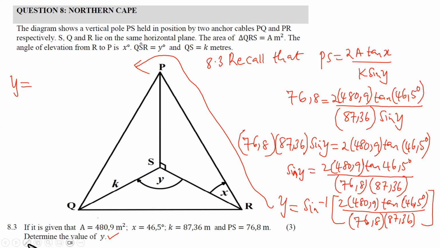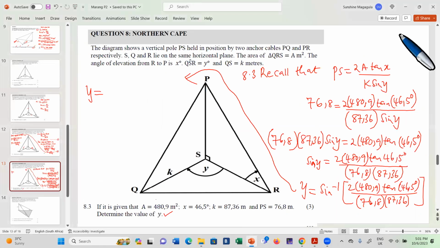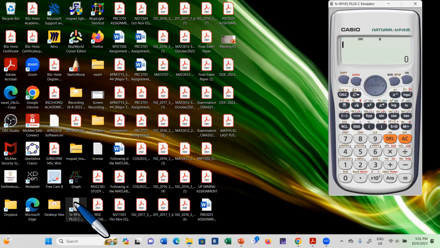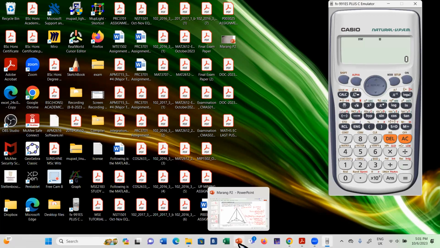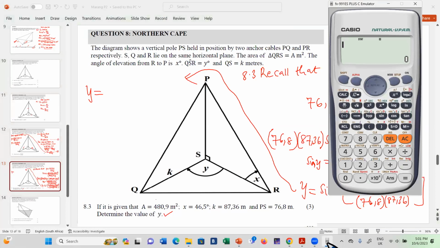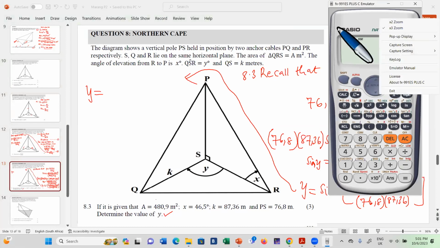I don't know if it's right because y looks bigger than x. Yeah, that's the thing. Let me bring my calculator, because I need to make sure we get the correct answer. Let's use this calculator here. If we use this calculator, what do we get out of this?